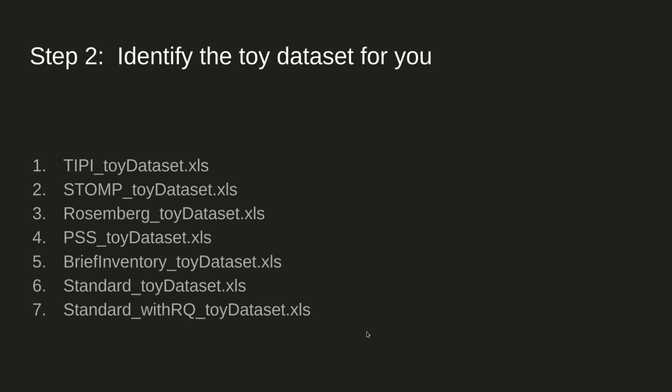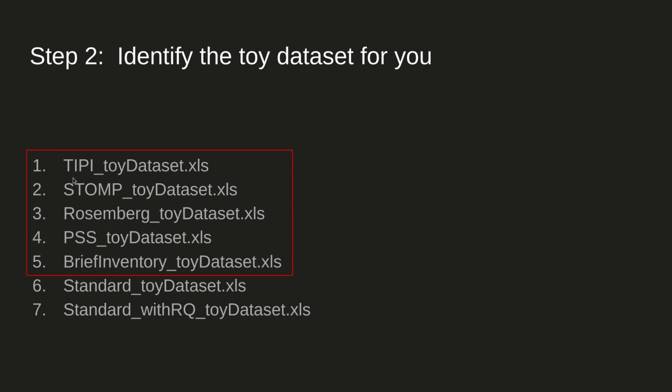Next, we have to identify which one you're going to use for this lab practice. If you worked with one of the scales or inventories that we recommended for variable 1, you might have to choose one of the toy datasets that contains data with a similar format to the kind of questions you would expect if you used one of these scales.